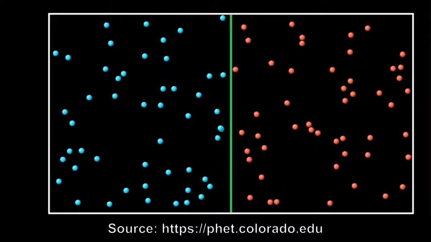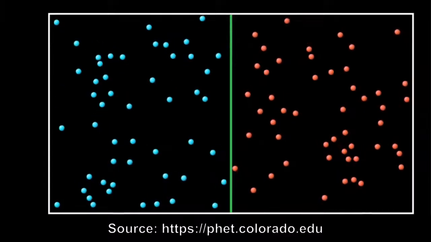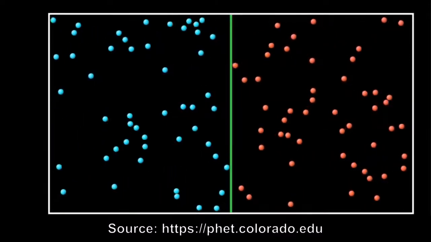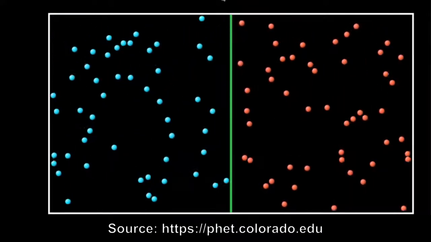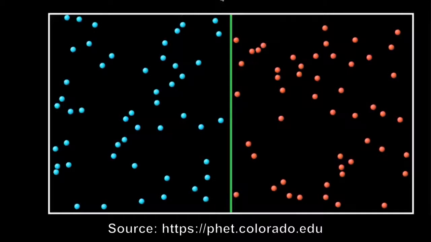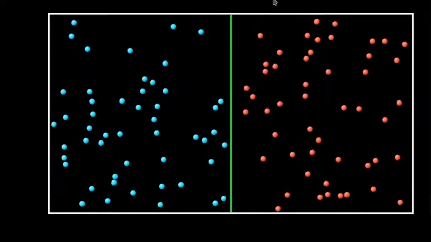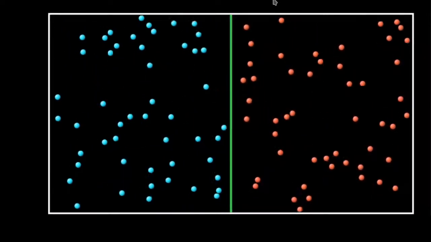Now, if you have two substances initially separated, like the two gases here by that green dividing wall, on the left-hand side, the atoms are moving fast. That's because this gas or liquid is hot. On the right-hand side, the atoms are moving much slower because the temperature is low.